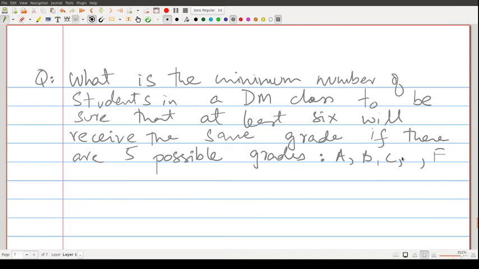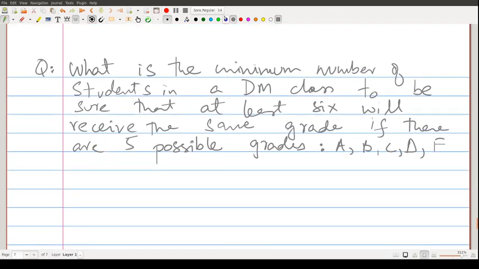And so how many students do you need to guarantee that 6 of them will receive the same grade? The simple way to do this is to do the following. By the generalized pigeonhole principle, we need r, so 6 of them receive the same grade, right?